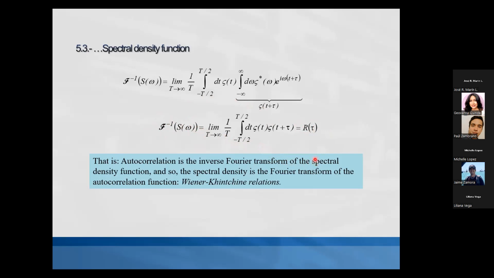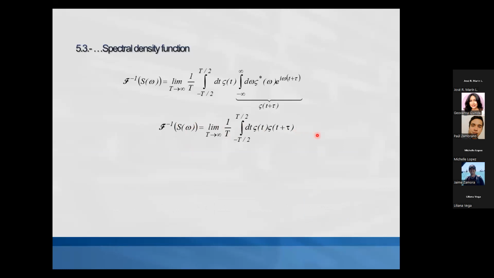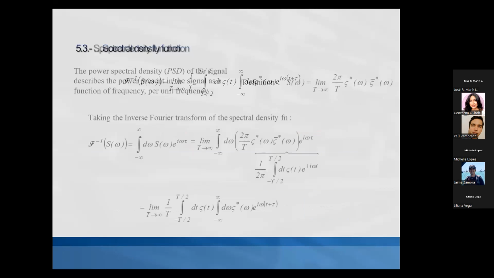And finally, we remember that we can evaluate the autocorrelation at time 0. If tau is 0, this expression, let me go back, here.